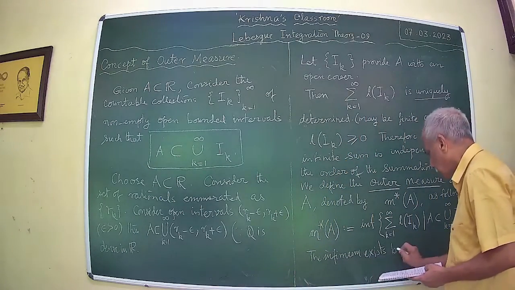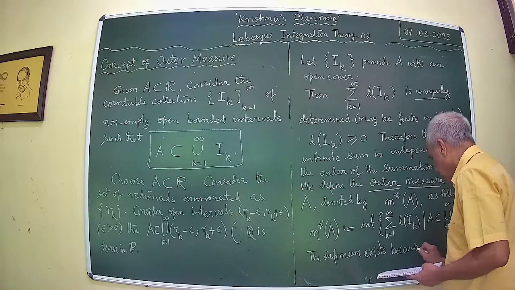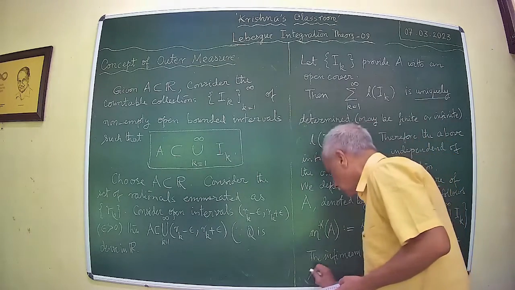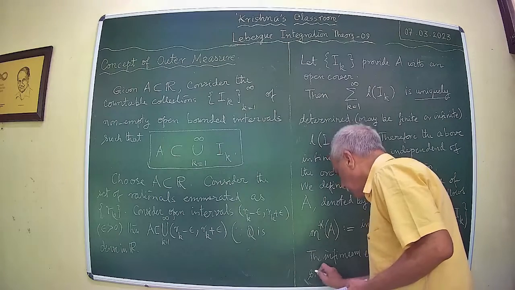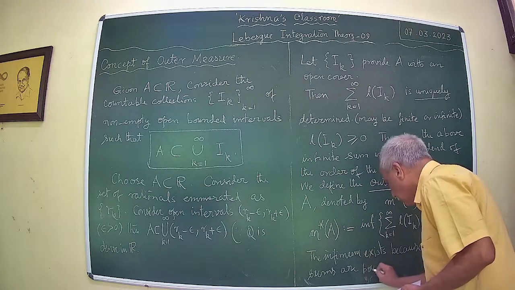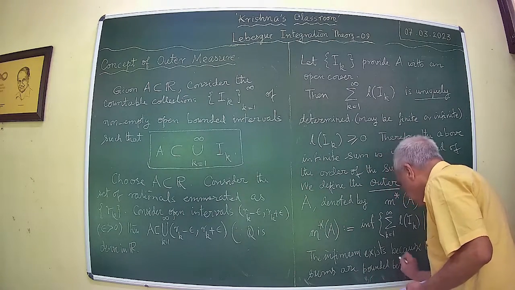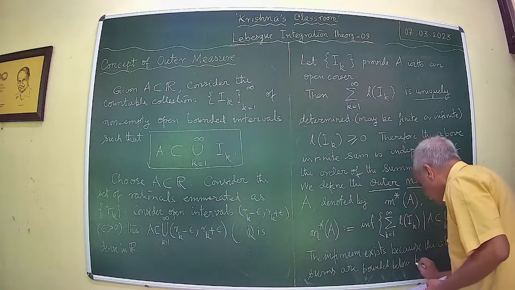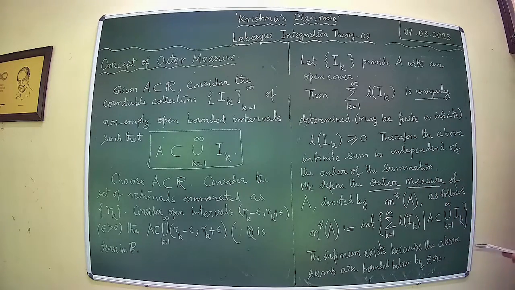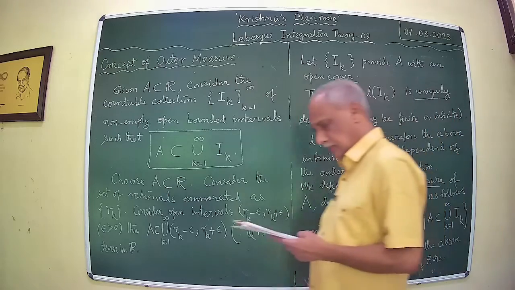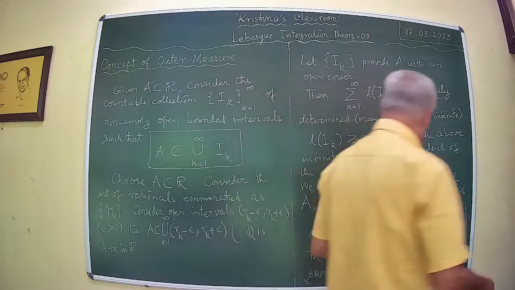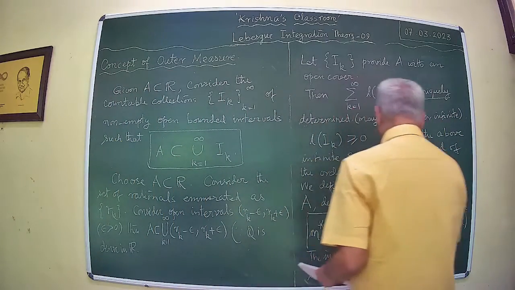Because the above sum is bounded below by 0, therefore the infimum exists. So there is no problem about the infimum. So this gives the definition of m star.